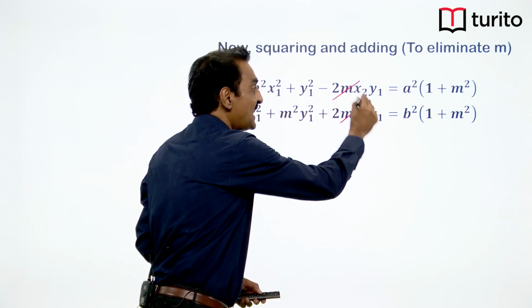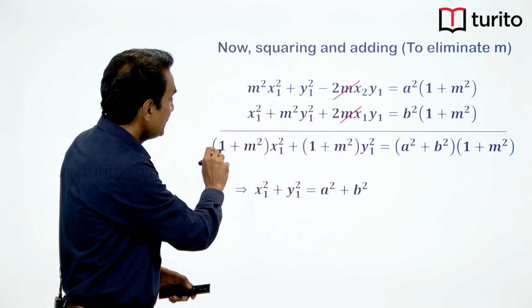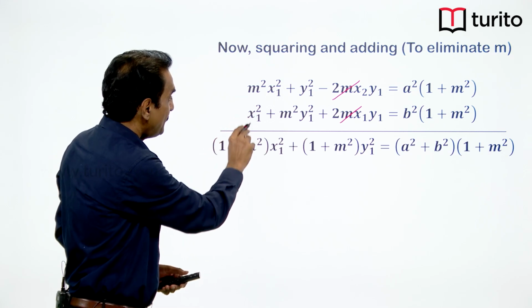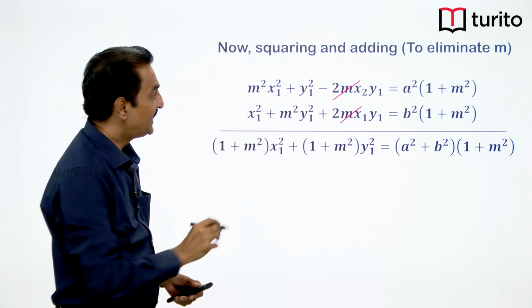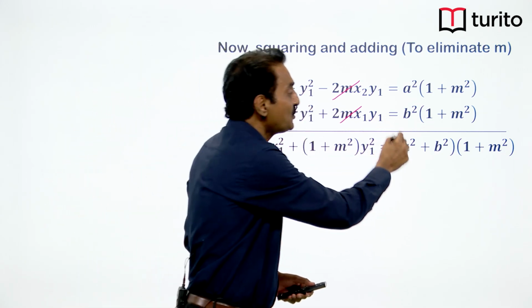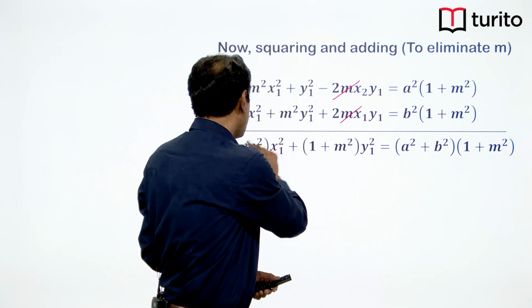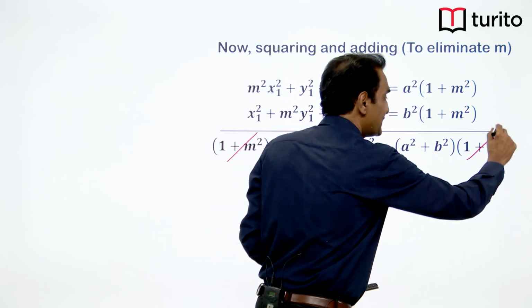This term gets cancelled, and see, we get 1 plus m square into x1 square plus 1 plus m square into y1 square is equal to a square plus b square into 1 plus m square, and you can now cancel 1 plus m square on both sides.